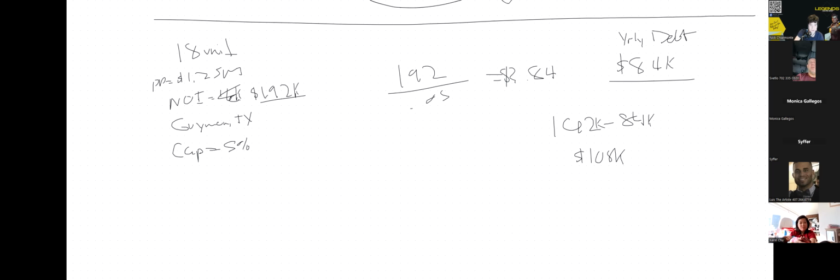The answer is 108,000. If we want to find the DSCR of that, you do the NOI divided by the debt. 192 divided by 84.